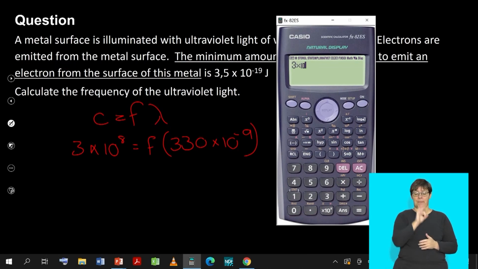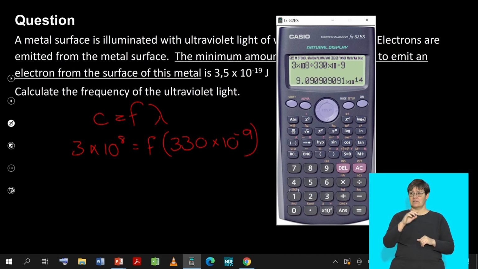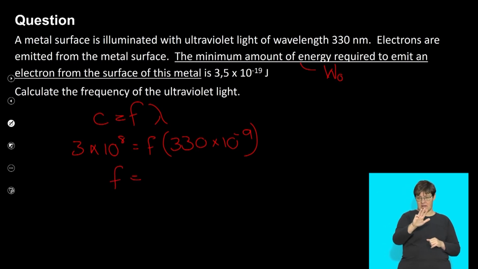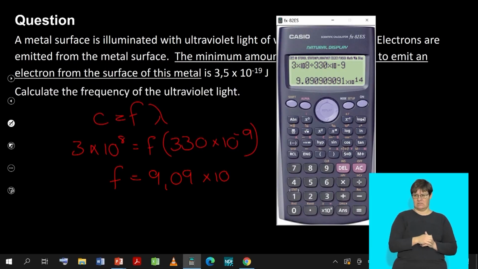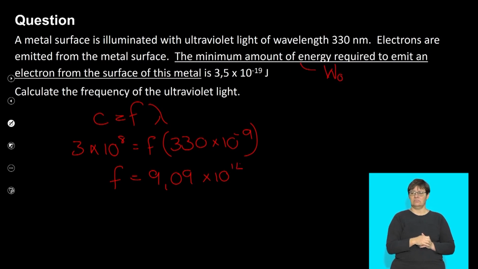So 3 times 10 to the 8 divided by 330 times 10 to the minus 9, and 9,09 times 10 to the 14. Make sure you remember the 10 to the 14. I was about to look in the wrong place. And I'm happy with that.